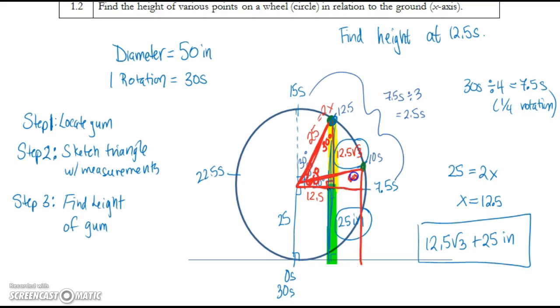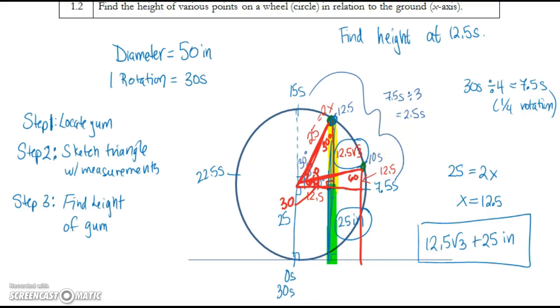So this would be 60, this angle would be 30, and it changes how things are oriented around our triangle. Same 30, 60, 90 because the hypotenuse is still the radius, which is 25, but now this is our x side because it's across from the 30 degrees, and so that's 12.5.